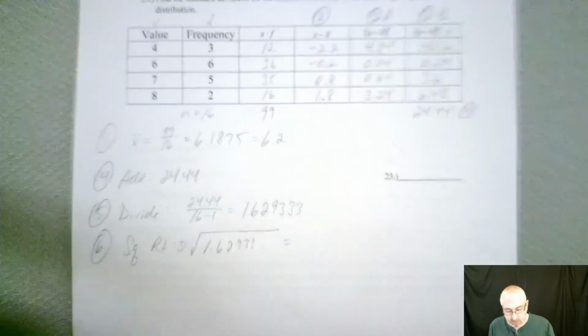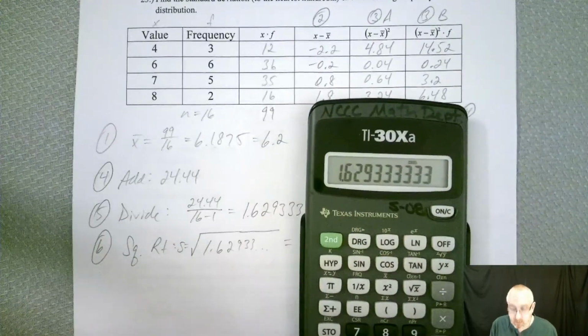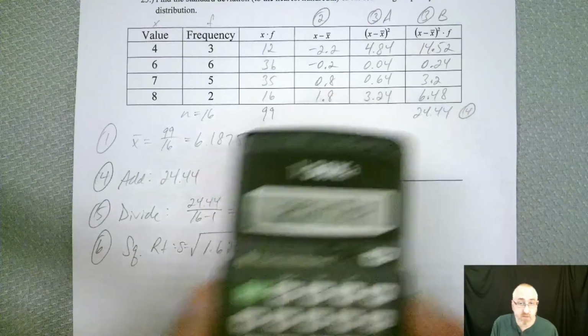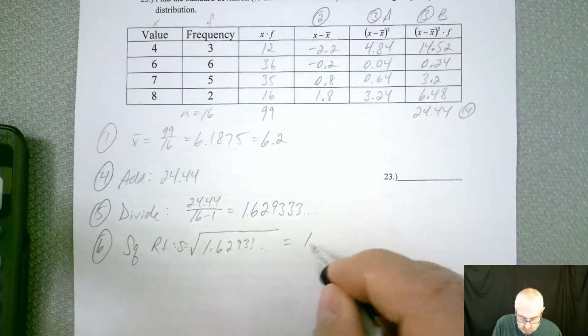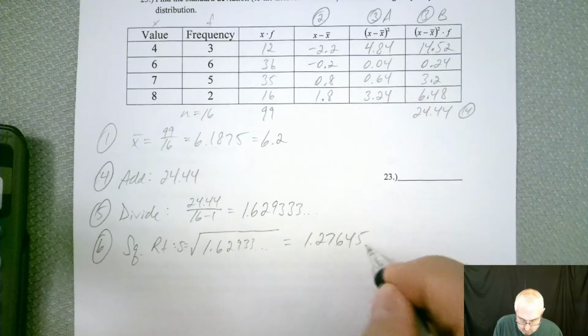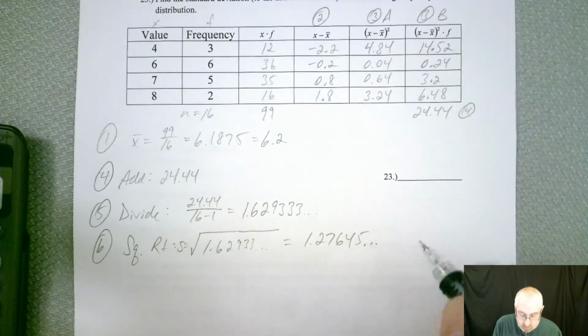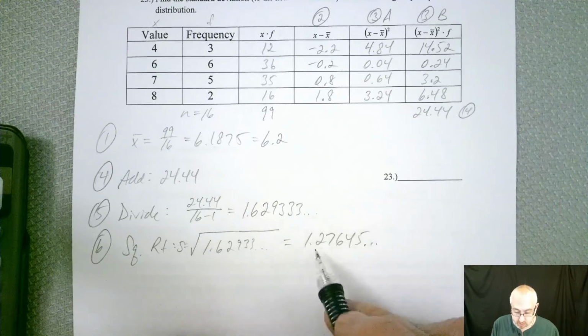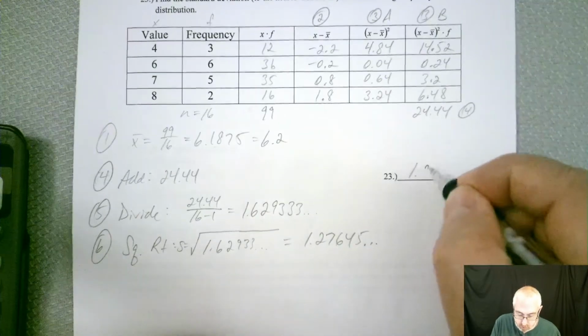Let's see what that gives us. If we square root it, we get 1.2764. And then don't forget, we want to round it to 2 decimal places. So let's round this to 1.28.